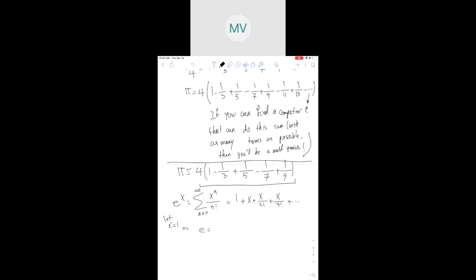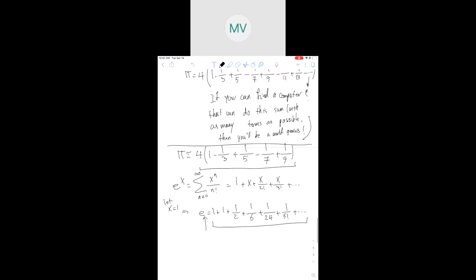So in that case, you get e equals 1 plus 1 plus 1/2 plus 1/6 plus 1 over 24 plus 1 over 5 factorial, and so on. So the more you keep going in this summation, the more accurate you get to the actual value of e. But none of them can give you the exact value. All right. Any questions?